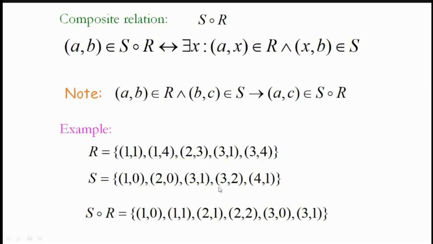Like that, you are supposed to add to the composite relation of R and S, right? So you find out what are the common things, that is the second element of the first ordered pair and the first element of the second ordered pair. Whenever they match, you make the pair in the composite relation.